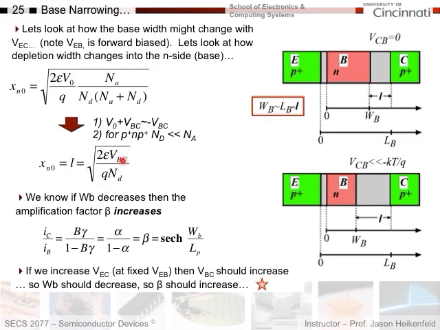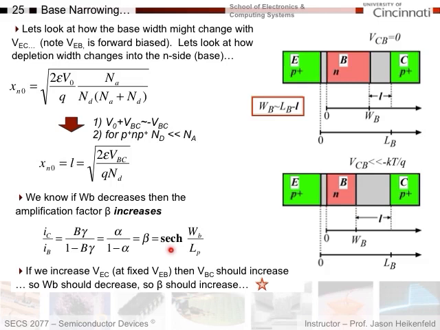Now, here's the key thing. Remember, as we apply voltage across the emitter collector, VEC, the voltage appears across the base collector. So as I increase VEC, I get more reverse bias voltage here, which increases L, which decreases WB. So if WB decreases, then I know my amplification factor increases. We already see that when we calculate amplification factor.